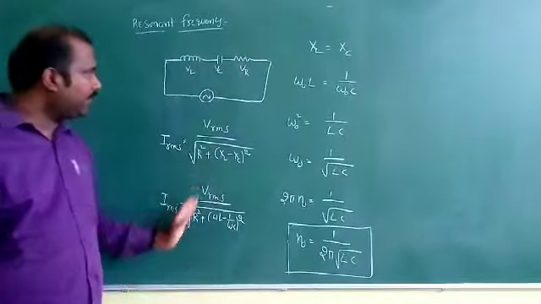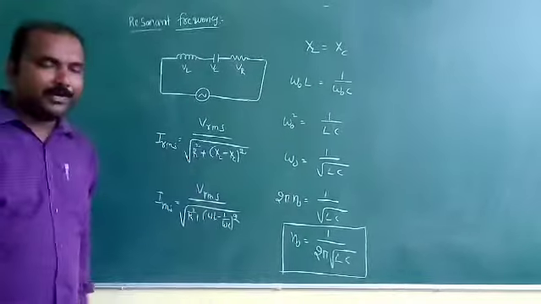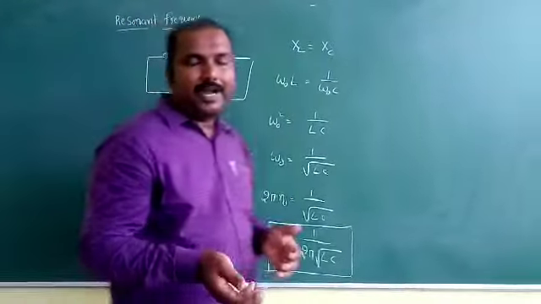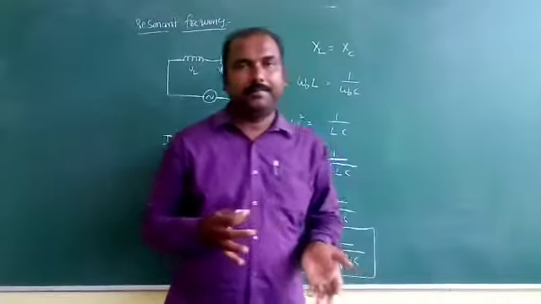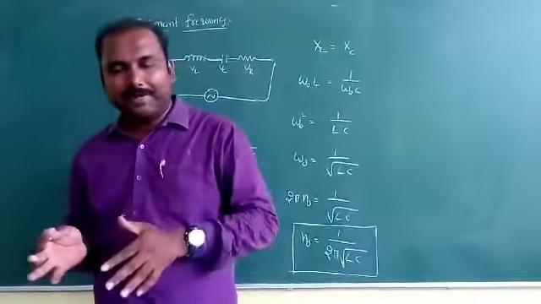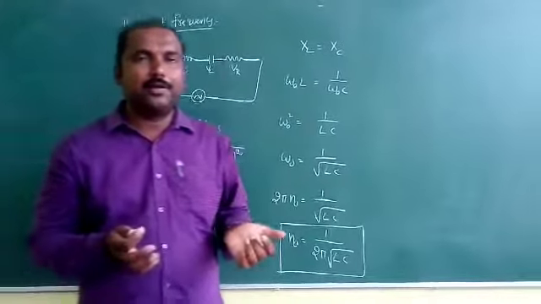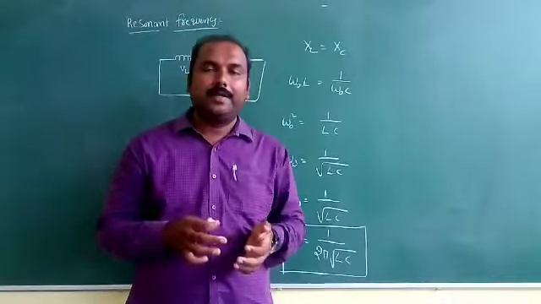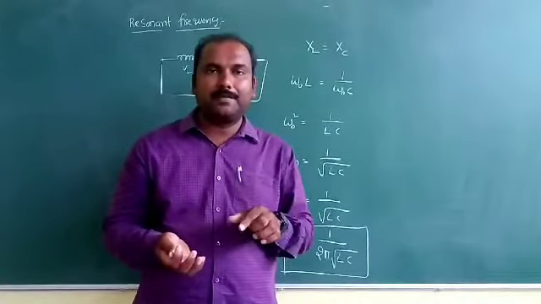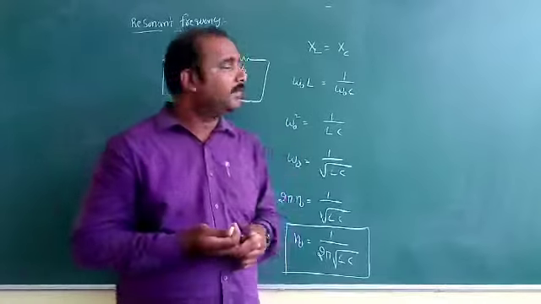Once again, all of you try to understand the meaning of resonant frequency and the equation for resonant frequency. If the frequency is varying, at a particular frequency, XL and XC values are equal. At that condition, in the LCR circuit, impedance is minimum and current is maximum. That condition we call the resonant frequency condition.